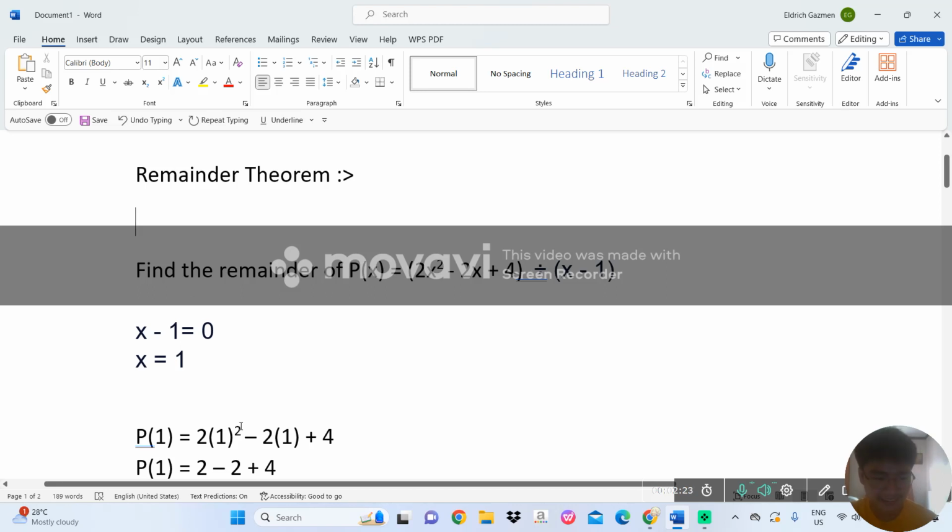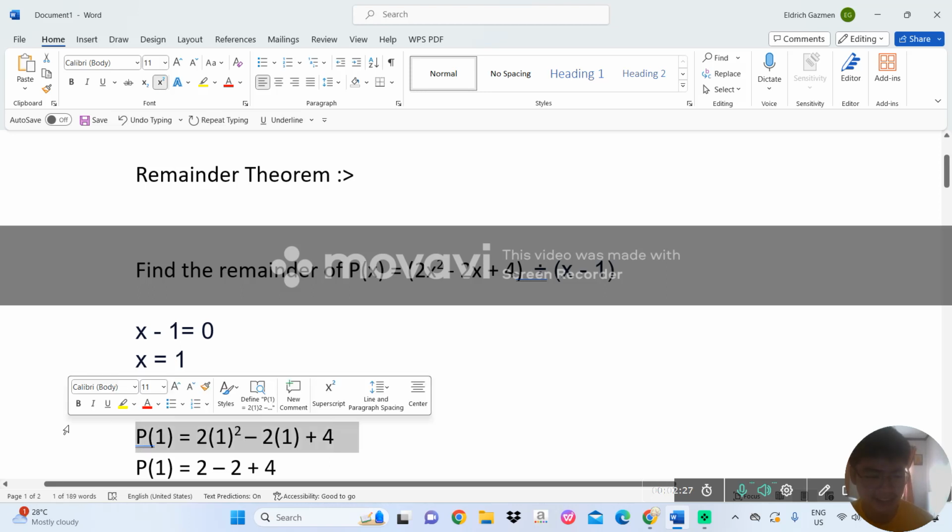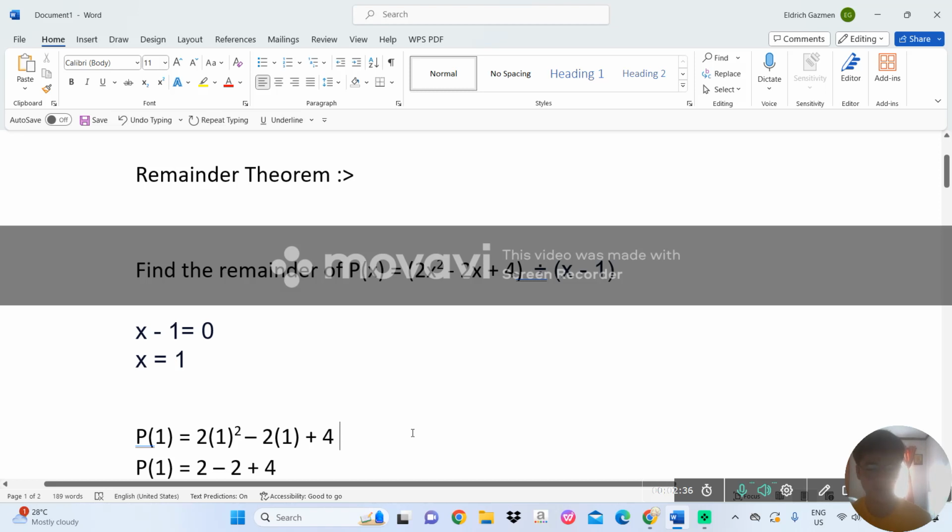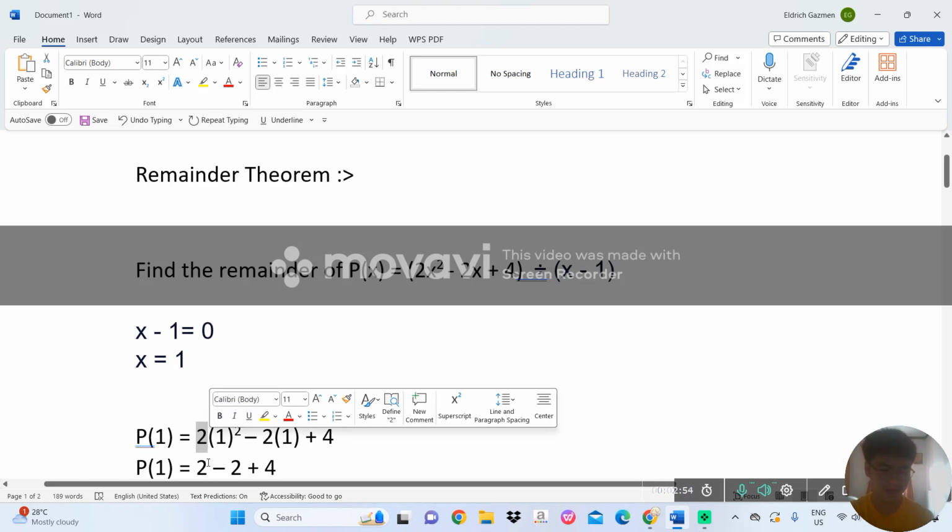The little 2 you see on top is what you call an exponent. That does not mean you have to times 1 by 2. The exponent shows how many times we have to times the number. So 1 squared says 2, so we have to times 1 two times. So 1 times 1 is 1. And then times 2, which is the number outside, is 2.